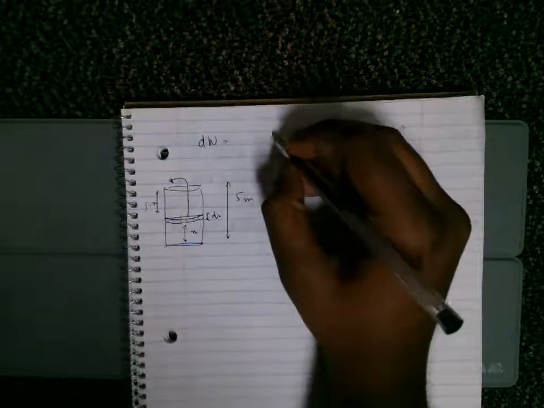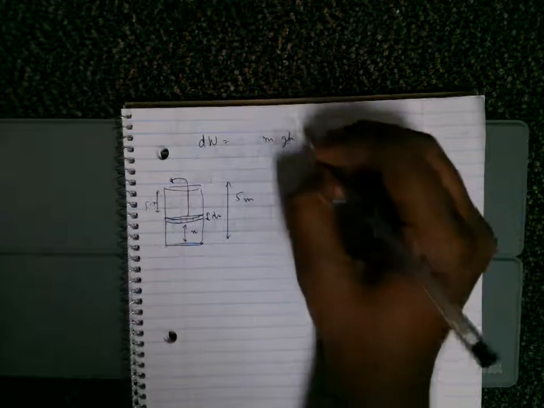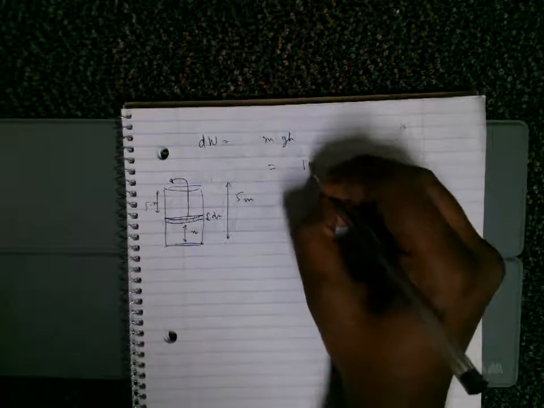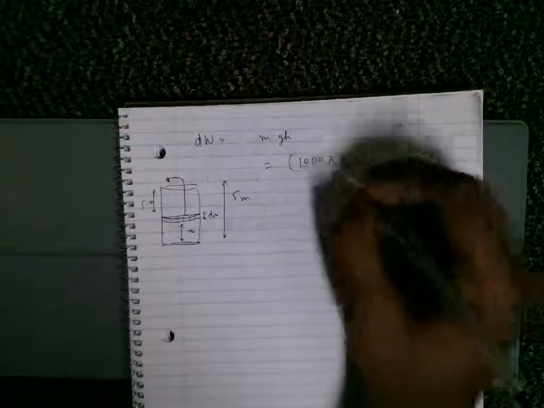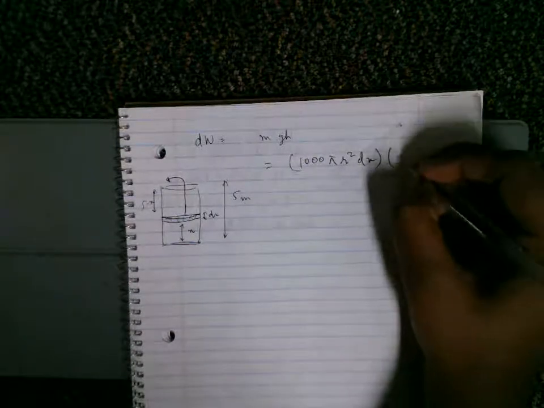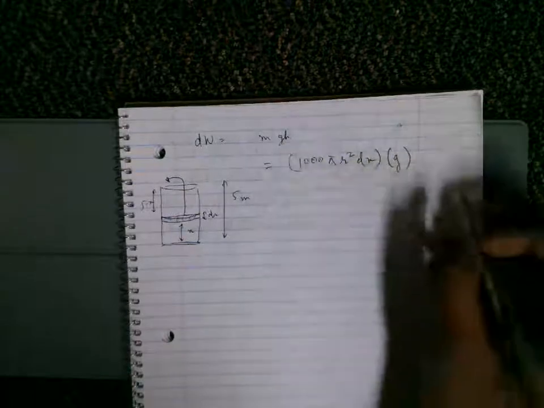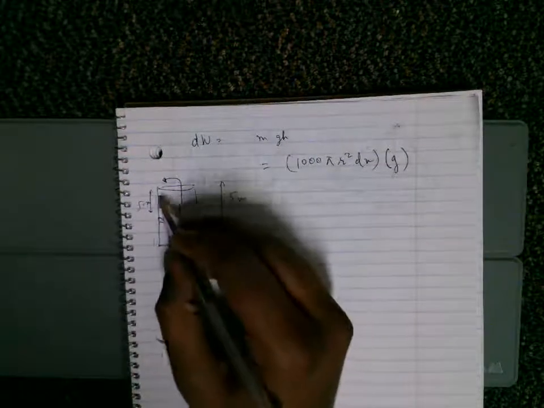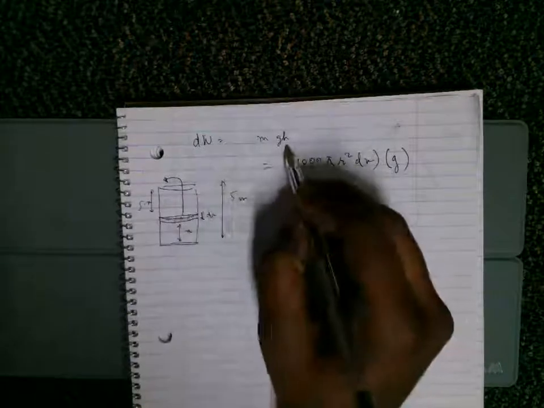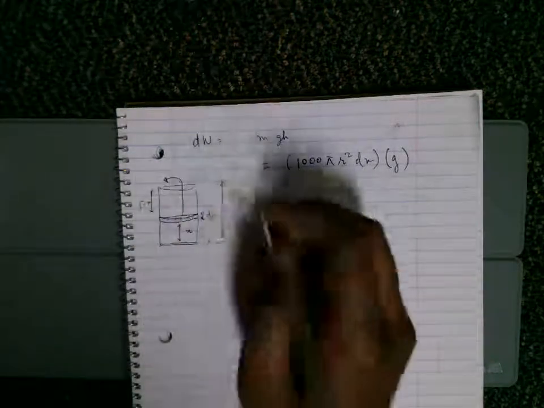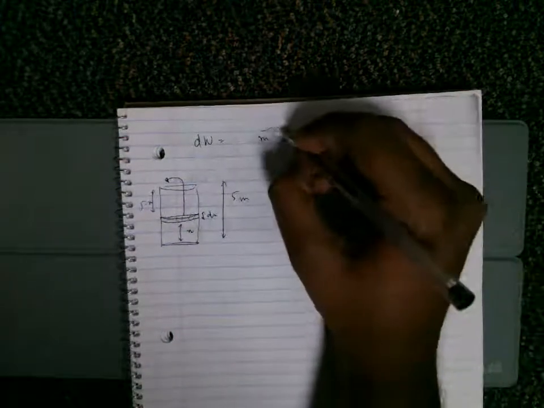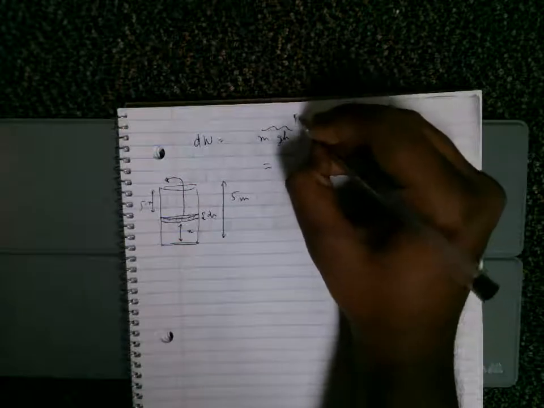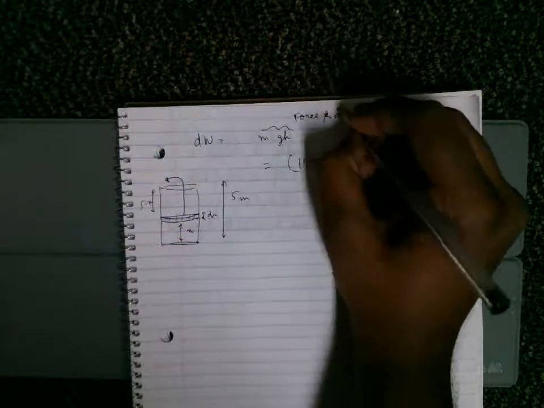The work done is mgh. So this is equal to the mass, which is 1000 pi r squared dx, times g, acceleration due to gravity. And the height is the displacement of this small chunk, so the work done is force times displacement.